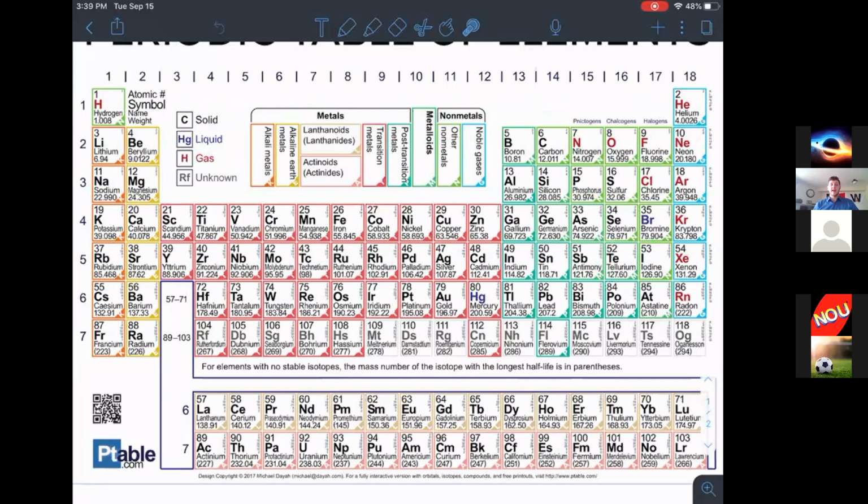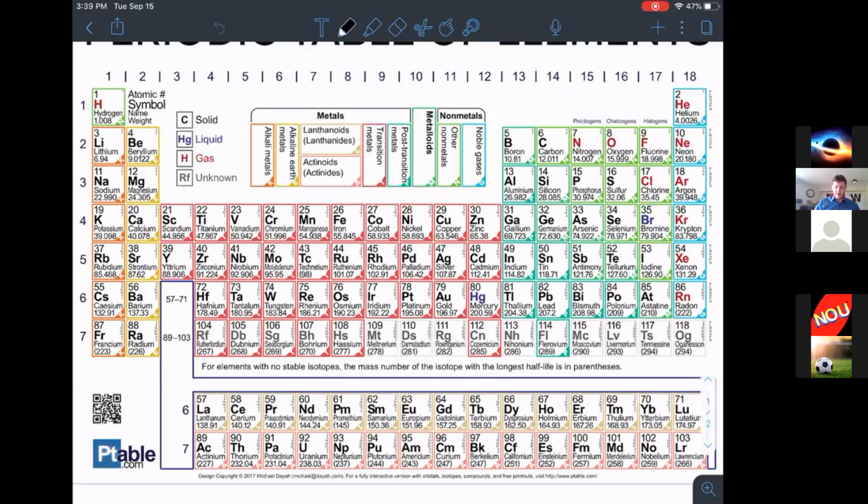Now the next thing, every time you get to a new row, so if we fill out 2 electrons, that's our first orbital. Every time you start a new row, you need to add those electrons to the next orbital. So if I get to lithium, my third one down here, I need to put my third electron on my second orbital.